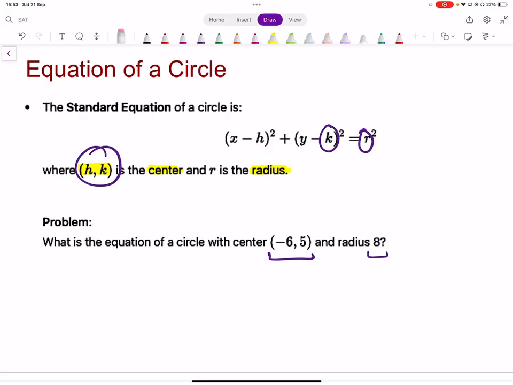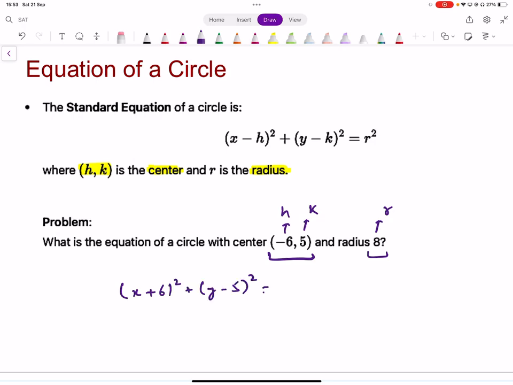What is the equation of the circle going to be? Just input values here. You say this is h, this is k, and this is r. So the equation becomes x minus minus 6, which is x plus 6, whole squared, plus y minus 5 whole squared equals 8 squared, which is 64. That's the equation of the circle.